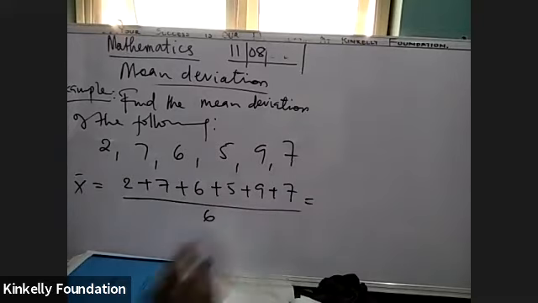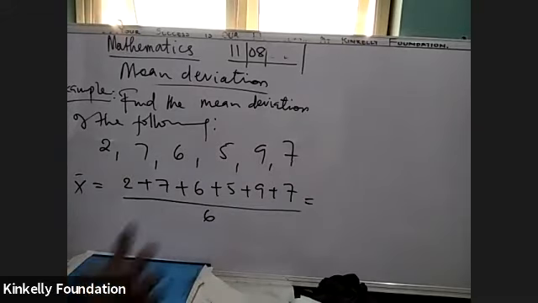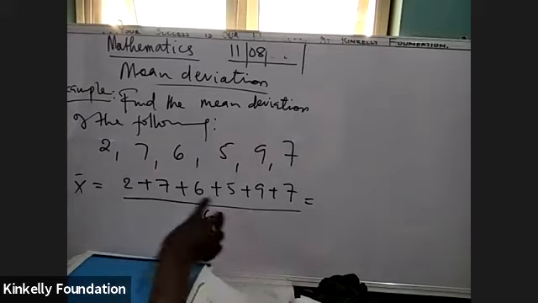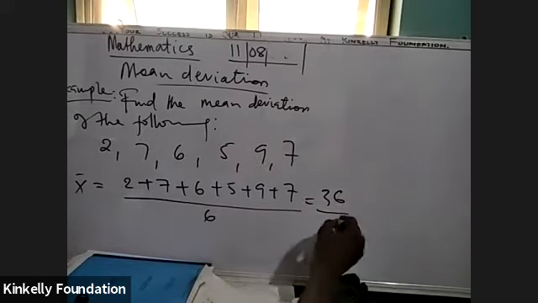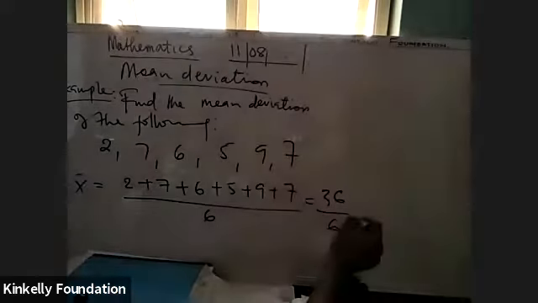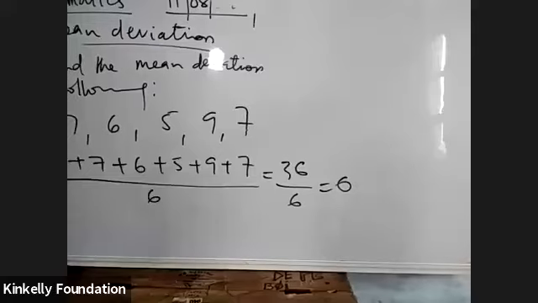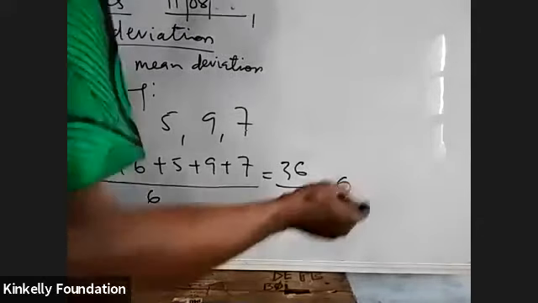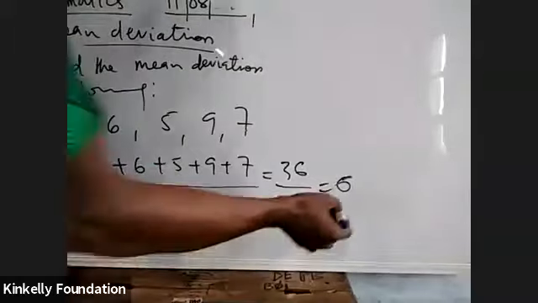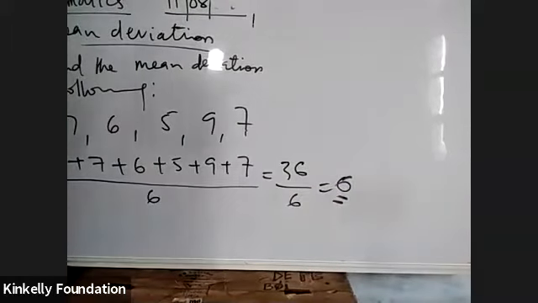So what do you now have? 9, 18, 18 plus that's 39, 29 plus this one gives us 36, over 6 to give us 6. Do you understand? Having noted the mean, which is 6, let's take the deviation from the mean.